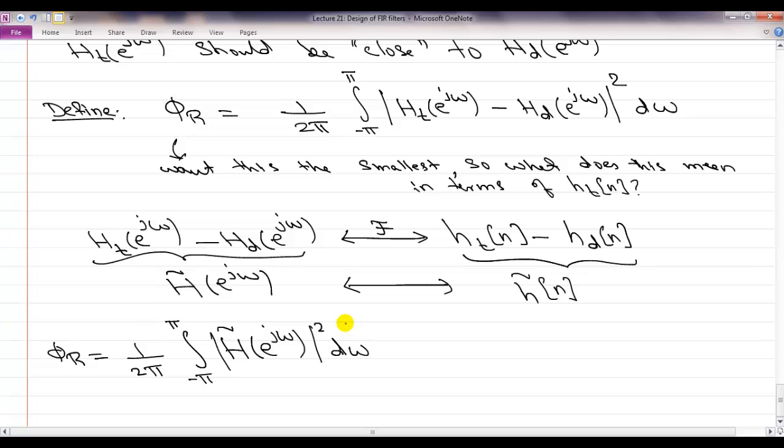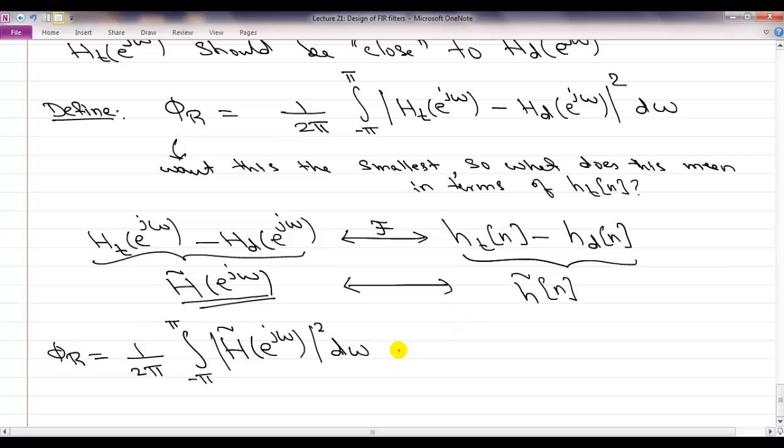Any property of the discrete time Fourier transform that helps us relate the frequency domain energy? So this is like computing the energy of this frequency response in the frequency domain. What type of property helps us relate the energy in frequency domain to energy in time domain?